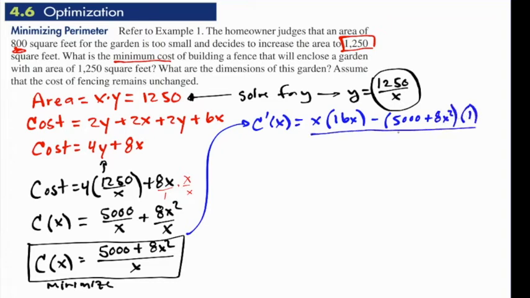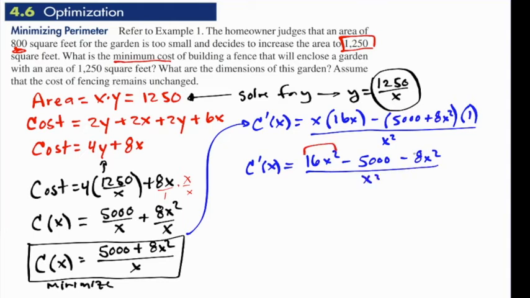Put all of this over the bottom function squared. And now I'm distributing this subtraction from the numerator, and I see that I can combine my x squared terms. So c prime of x simplifies and gives us 8x squared minus 5,000 all over x squared.